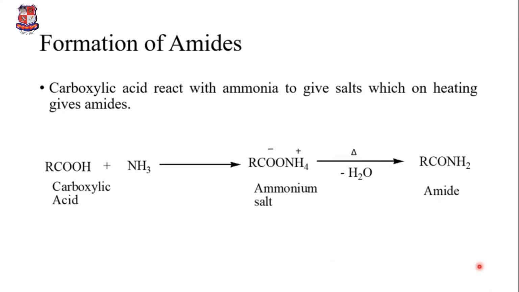The second one is the formation of amides. Carboxylic acid reacts with ammonia to give a salt, which on heating gives an amide. So first we take the carboxylic acid and react it with ammonia, and both react, making a complex called the ammonium salt.